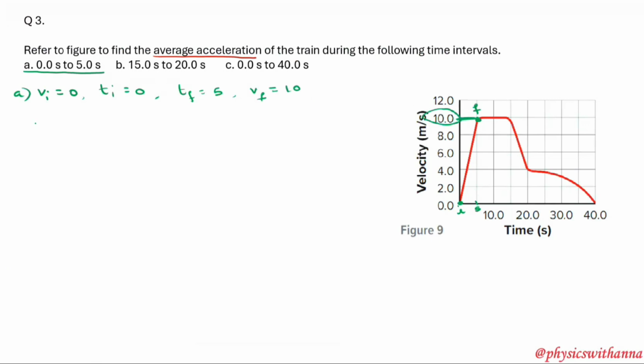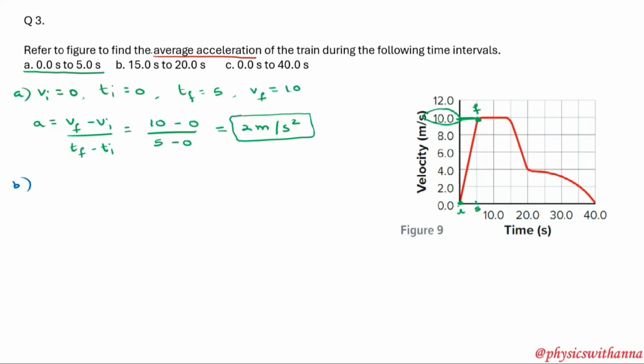After this, we write the rule. Acceleration is v final minus v initial over t final minus t initial. So final velocity is 10, initial is 0, final time is 5, initial is 0. That gives you acceleration as 2 meter per second squared.